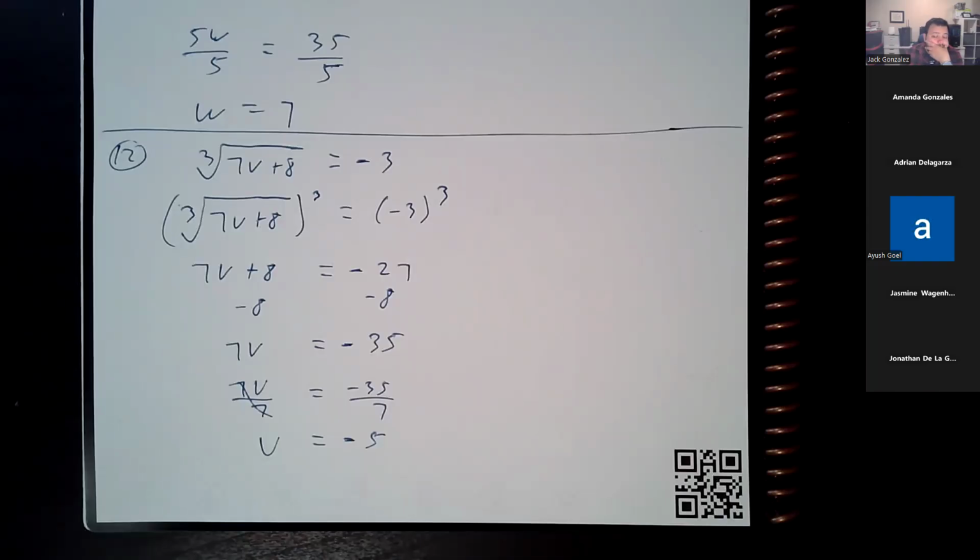Can you say that once more about the odd roots? So you cannot do an even root of a negative number, but you can do odd roots of negative numbers.